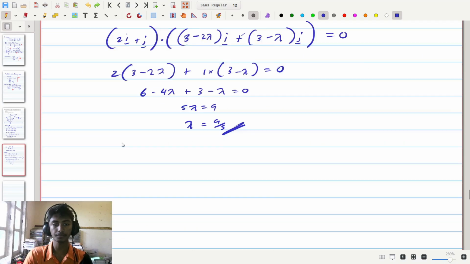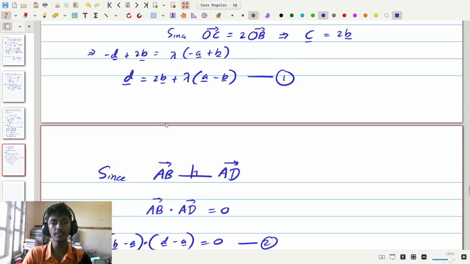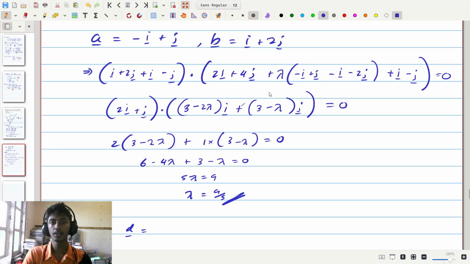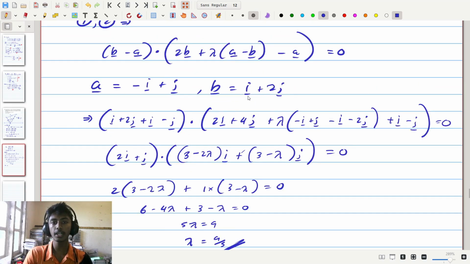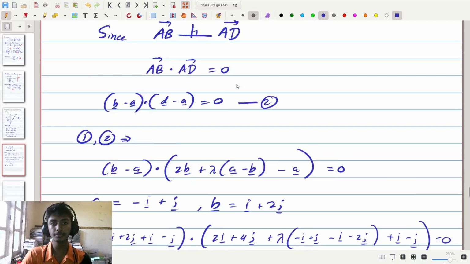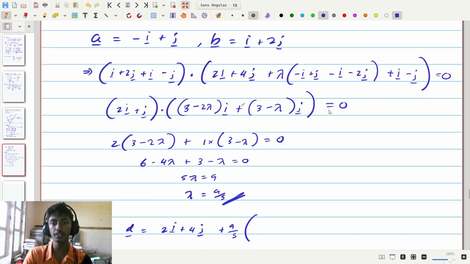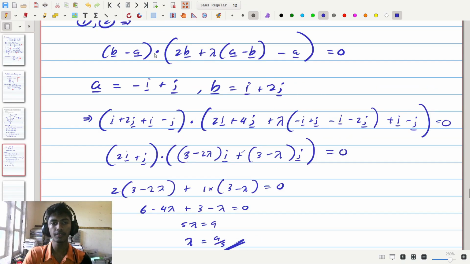of the D vector. So we can say from 1, D vector is equal to 2B vector, which is going to be 2 times 2I plus 2J, which is going to become 2I vector plus 4J vector, and then plus lambda, which is plus 9 over 5 times A vector minus B vector, which as we know A vector minus B vector we can actually find from here.